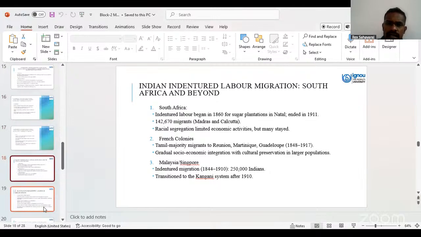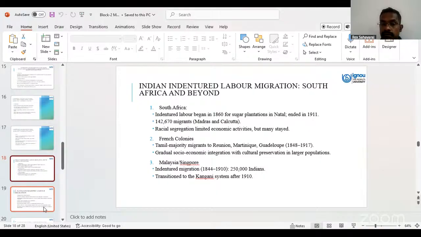What was the condition of Indian indentured labor migration in South Africa and beyond? Looking at South African history, indentured labor began in 1860 for sugar plantations in Natal, and at most 1.5 lakh people migrated from Madras and Calcutta.